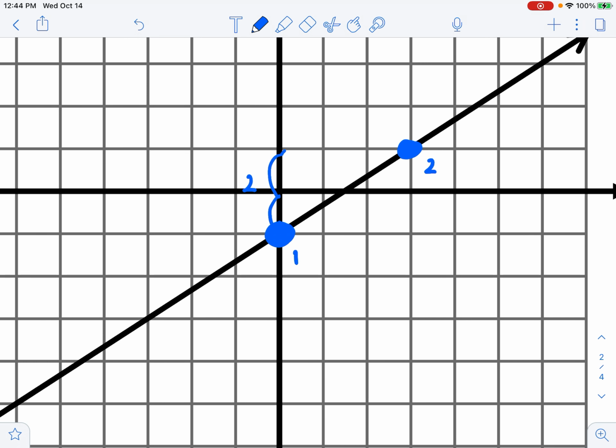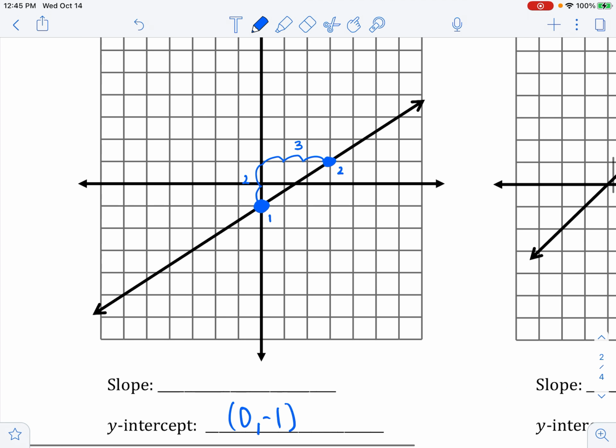And how much do you run? 1, 2, 3. It's to the right, so it's positive. It's up, so it's positive. So your rise is 2 over your run is 3. Most of the time, your slope is going to be a fraction. The only reason it wouldn't be a fraction is if it was 3 over 1, which simplifies to 3.